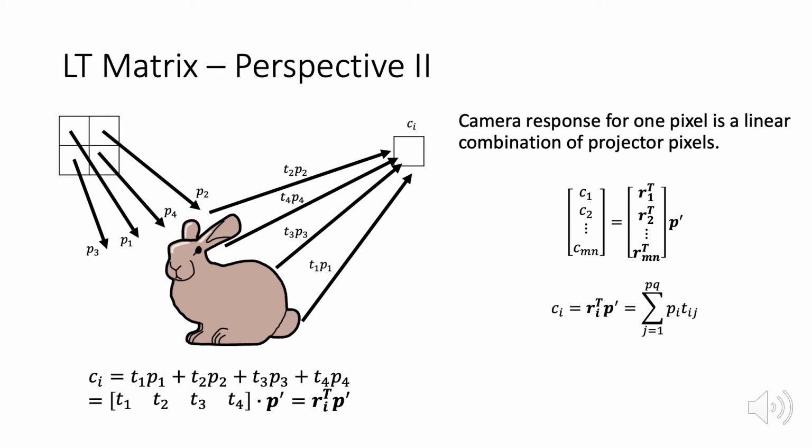If we consider every Ci, namely every pixel in the camera image, we can write the camera response as a product of a coefficient matrix with the projected image. And the coefficient matrix is the so-called light transport matrix.